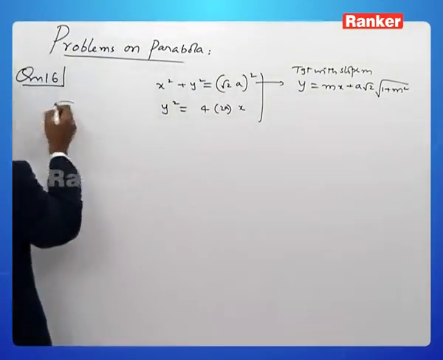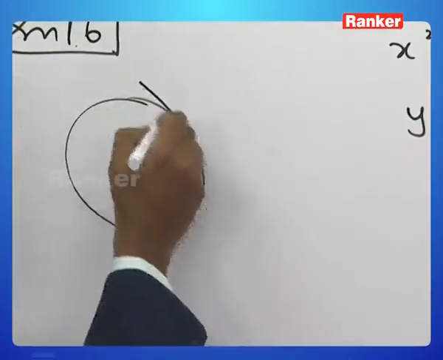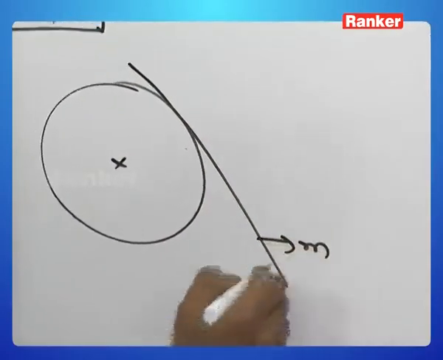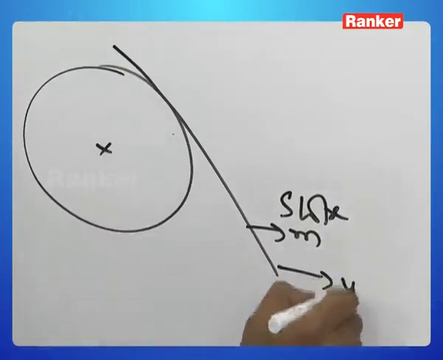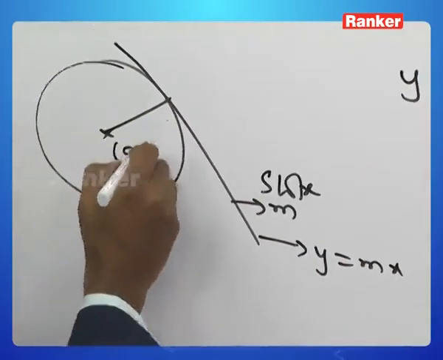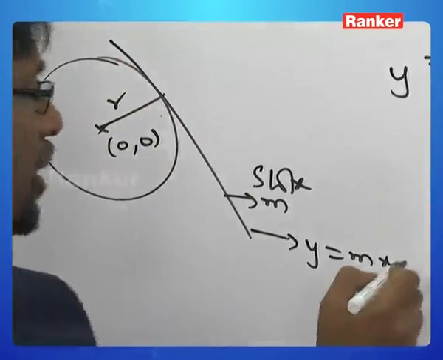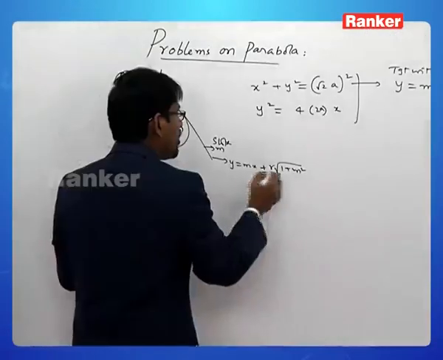That is, for the circle x square plus y square equal to r square, with the origin as the center and r as the radius, a tangent with slope m is given by y equal to mx plus or minus r root 1 plus m square.